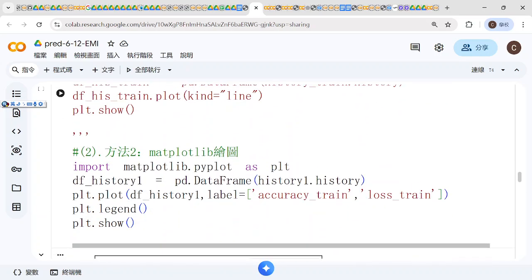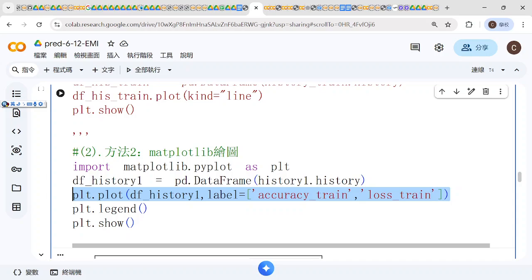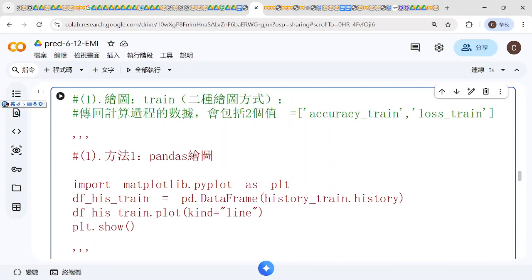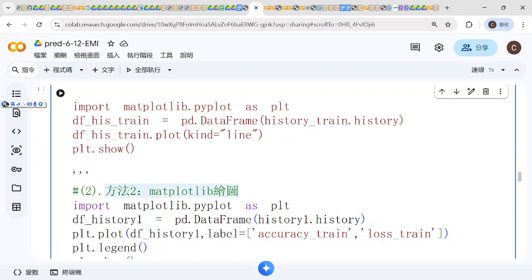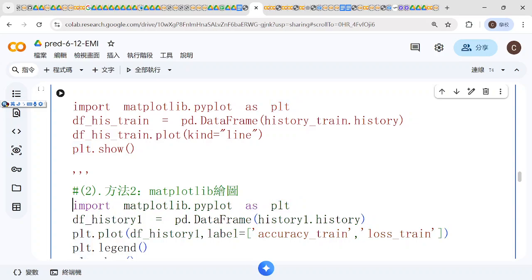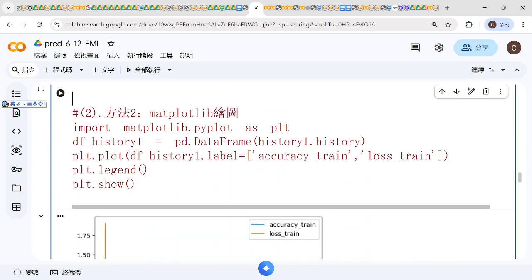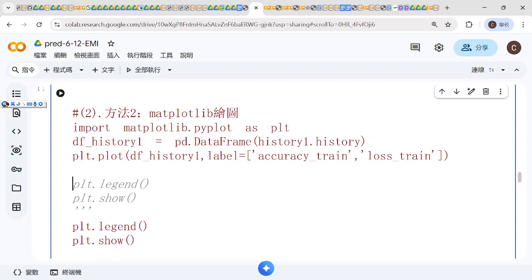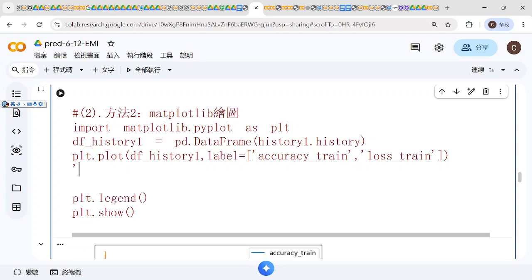I don't think I should do this. No, I don't need to do that. Maybe I should do it like that.